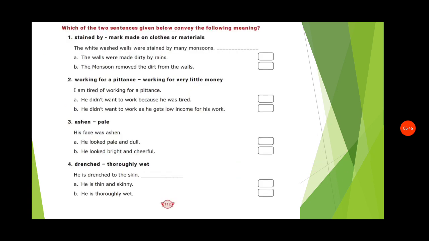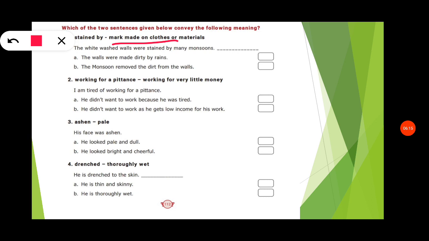Next, this is in your Unit 2 prose. Which of the two sentences given below convey the following meaning? Stained by, the meaning is a mark made on clothes or material.